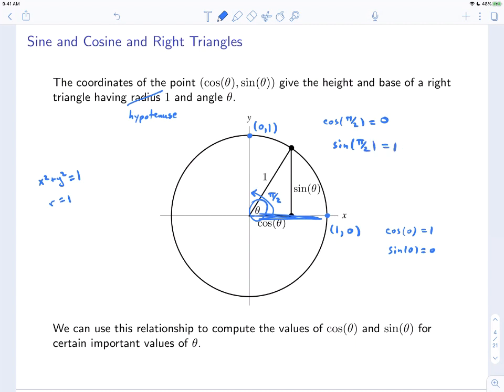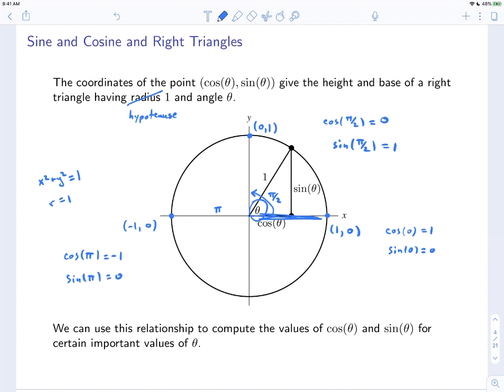If we continue around the circle and look at where it intersects the negative x-axis, in this case we're looking at an angle of 180 degrees, or pi radians. And the coordinates here are -1, 0. So that tells us that cosine of pi is -1, and sine of pi is 0.